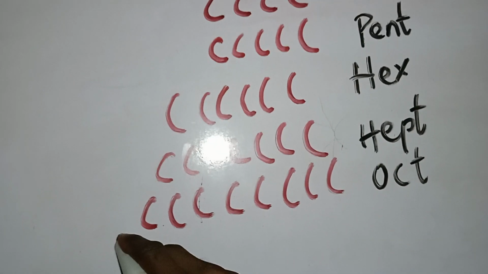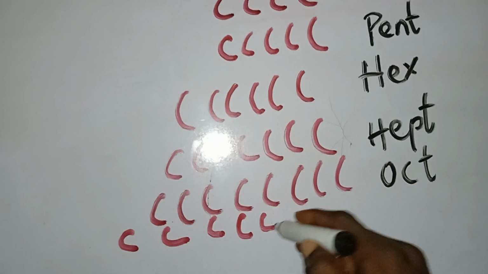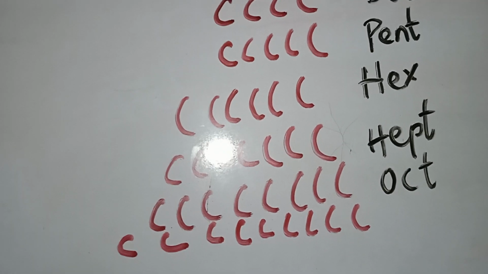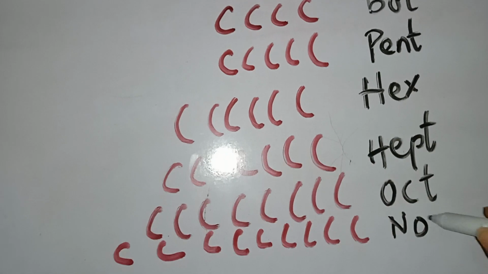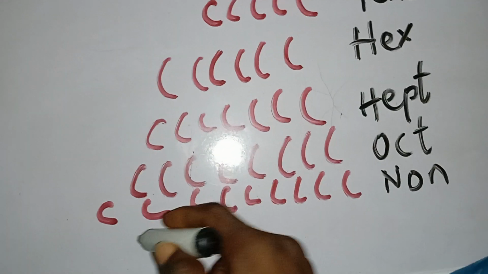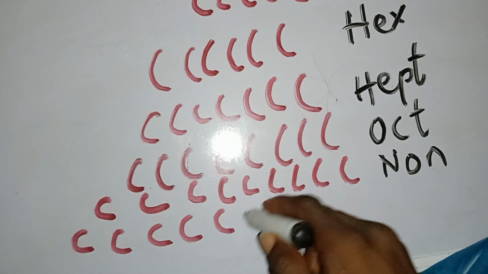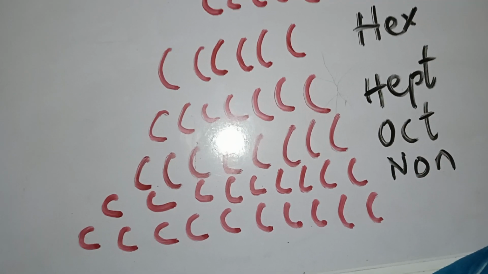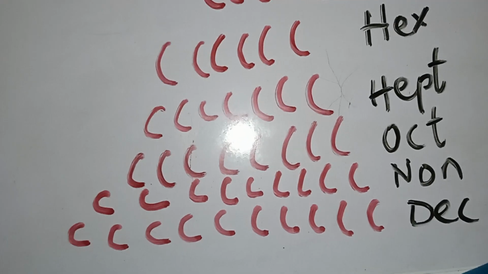When it's 9 carbons, 1, 2, 3, 4, 5, 6, 7, 8, 9, it is non. When it's 10 carbons, 1, 2, 3, 4, 5, 6, 7, 8, 9, 10, it is dec.